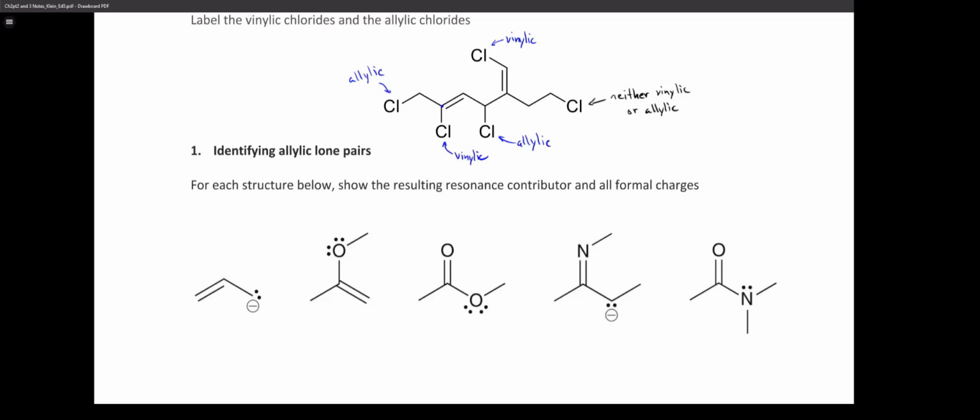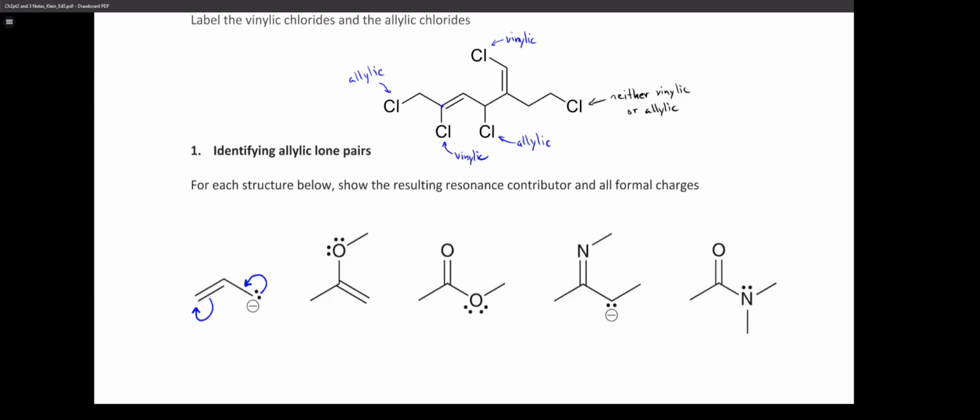So whenever we have that, the lone pair can be donated towards the pi bond. And this is the pattern. The lone pair goes towards the bond to make a new bond, and then the pi bond pair goes here.